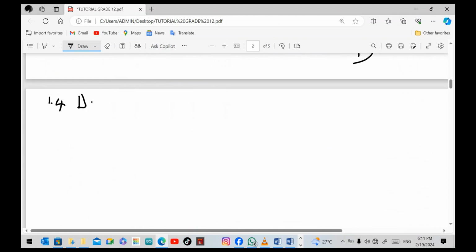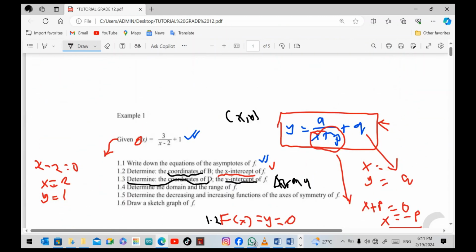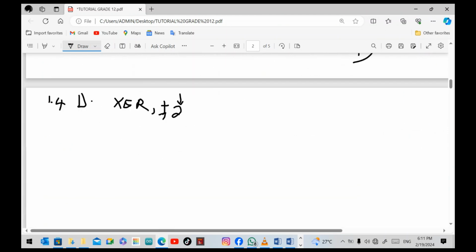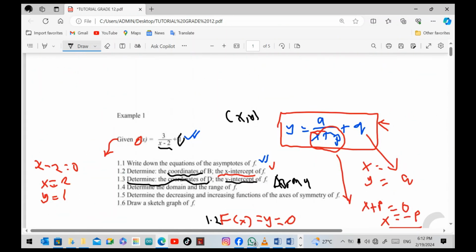Domain: x is an element of any real number, but x is not equal to 2. 2 is the vertical asymptote that we found to be 2, which is why the domain has something to do with x. Now range: y is an element of any real number, but y is not equal to 1. This one is very simple. This is the y we're talking about.